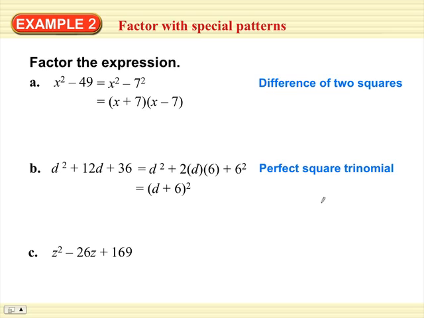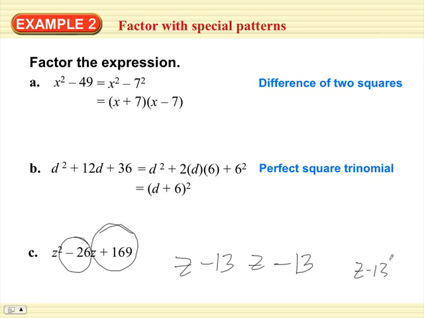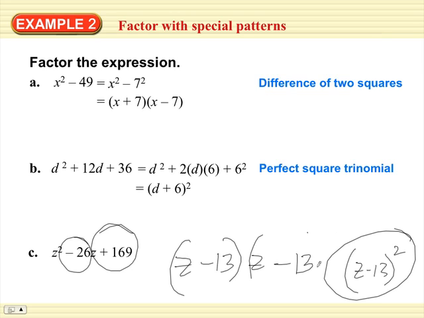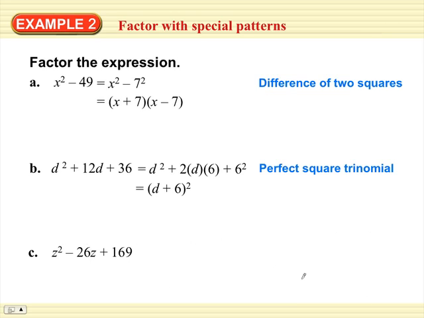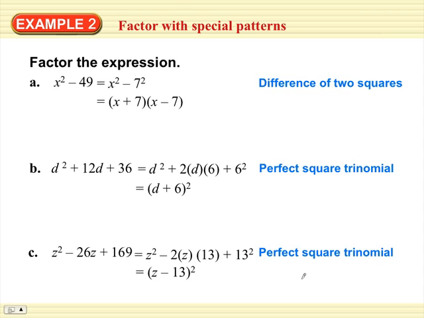Alright, here we go. Factors of 169. You might have had to use your calculator for that one. What are they? Negative 13. Yeah, if they want to add to negative 26, that's negative 13 and negative 13. So z minus 13, z minus 13 is z minus 13 squared. Another square for you. Alright, example 2 done. Factoring with special patterns.